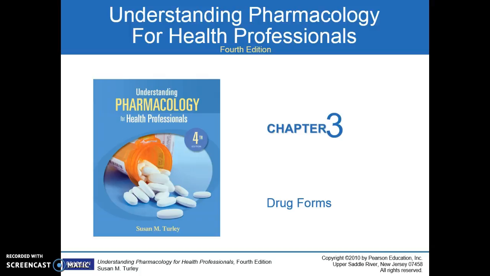In this particular chapter, we're going to be looking at drug forms, which is the way that drugs are manufactured. There are different types of manufacturing processes. You're going to be looking at the different types of tablets, the different types of capsules, solutions, suspensions, and things that are even a little different: pellets, beads, wafers.